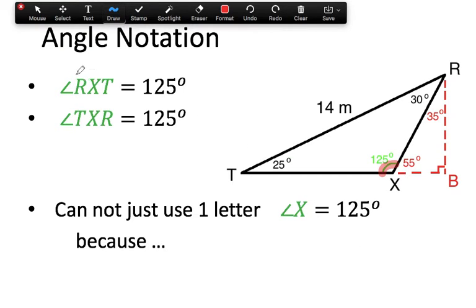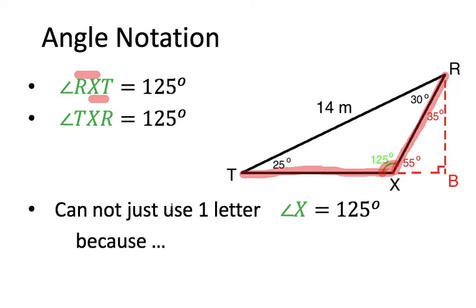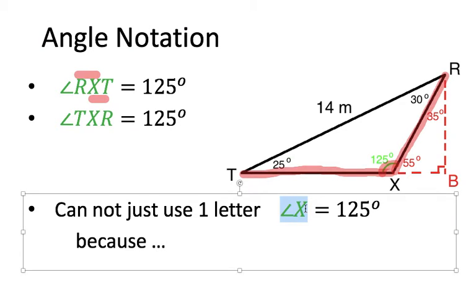If I write it like this, angle RXT, I know that that is saying I should look at the angle that is between RX and XT. So that's that 125. And I could also call this angle TXR, and we all know which angle we're talking about, the 125. But for this particular example, I cannot just call it angle X. I can't just use 1 letter.